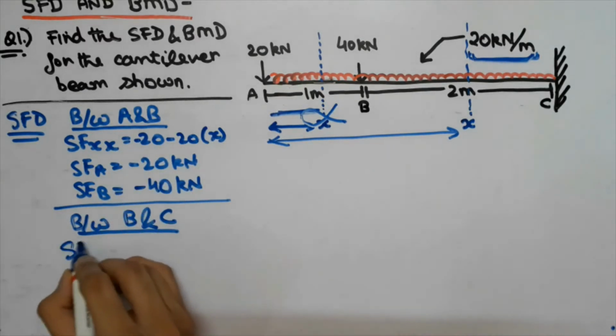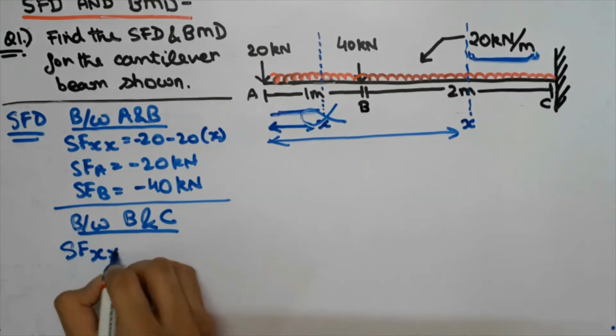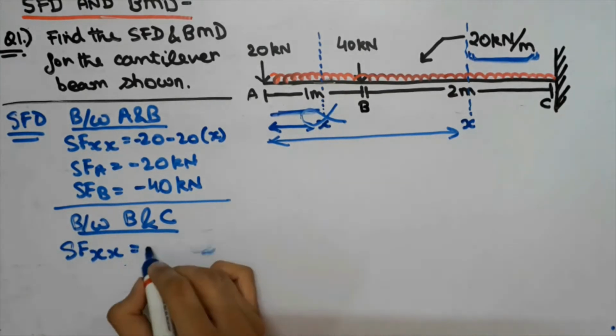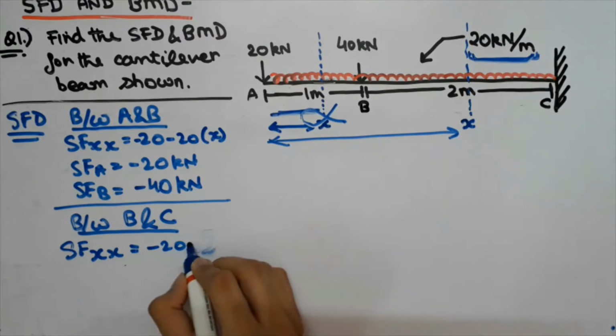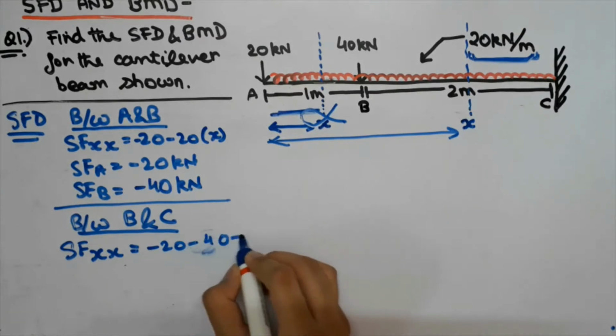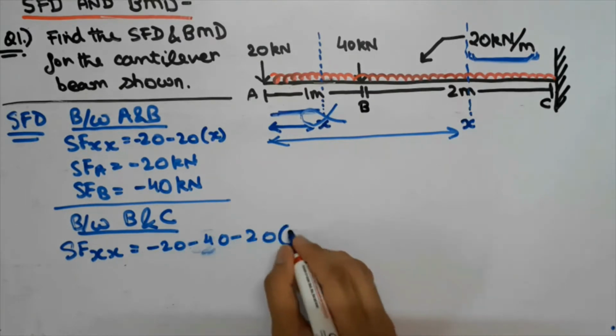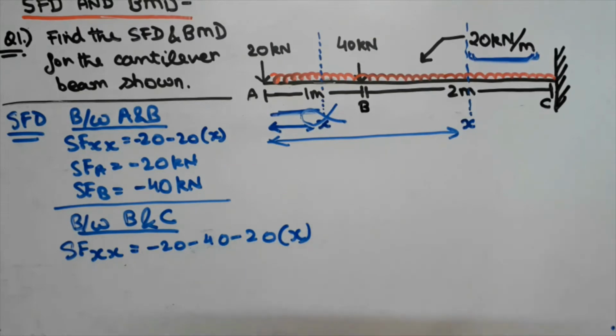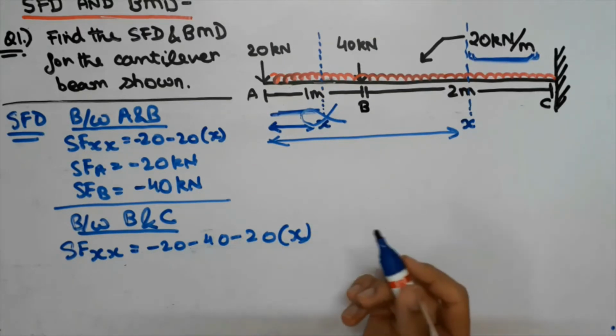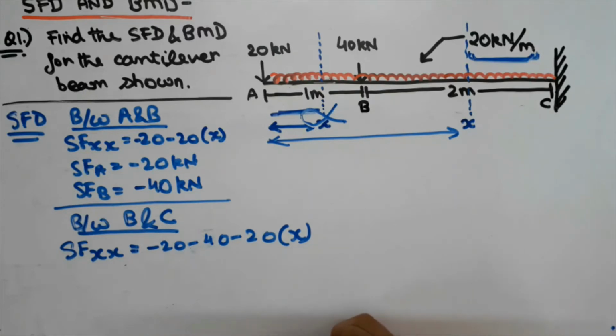That is, we will again write this as S of x is equal to minus 20 minus 40 minus 20 into x. And guys, you should not be having any problem with these negative signs, as we are simply now applying the sign convention as we discussed earlier.